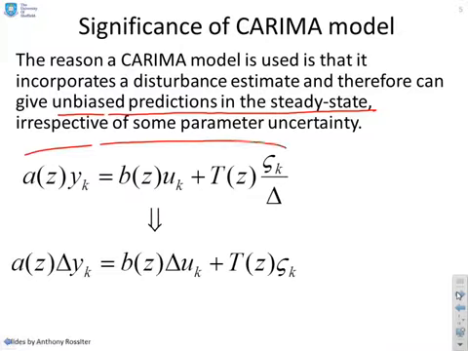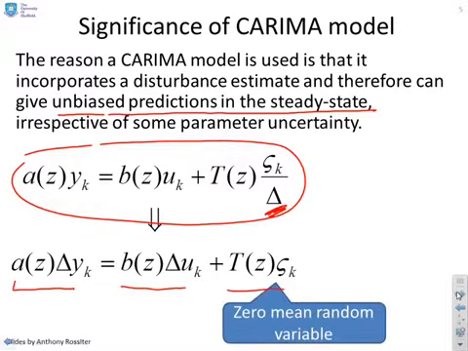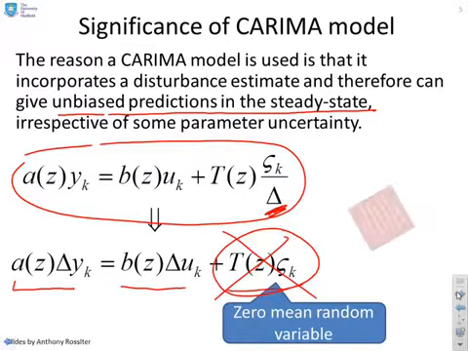Well, here's the original CARIMA model. Ay equals Bu plus T zeta over delta, and what we do is we multiply the whole way through by this delta operator. So you see we get A delta y, B delta u, and T zeta. Now, the advantage of this is because zeta is a zero mean random variable, then this term over here is going to be a zero mean random variable, and ultimately we're therefore going to be able to ignore it.